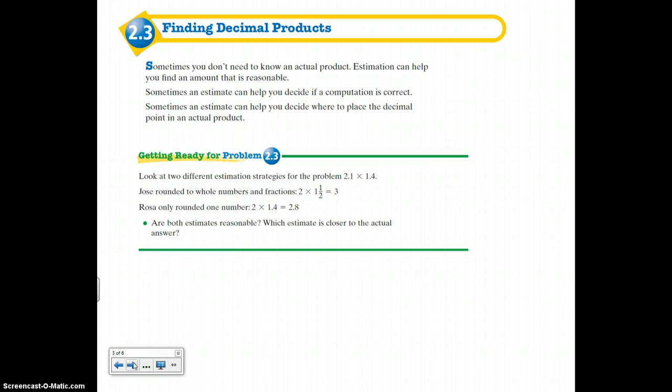Are both the estimates reasonable? I think so. Which one is closer to the actual answer? Well, Rosa's is closer because she only estimated one of the factors. So our goal today again is to develop strategies for estimating, for finding decimal products, and using that strategy.